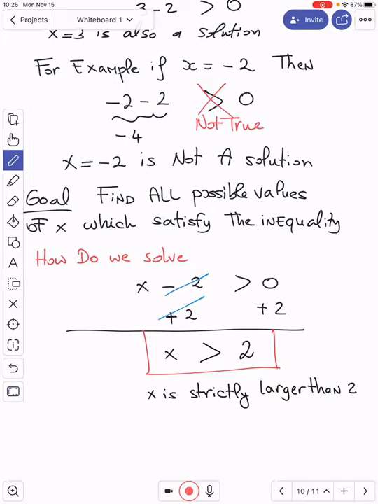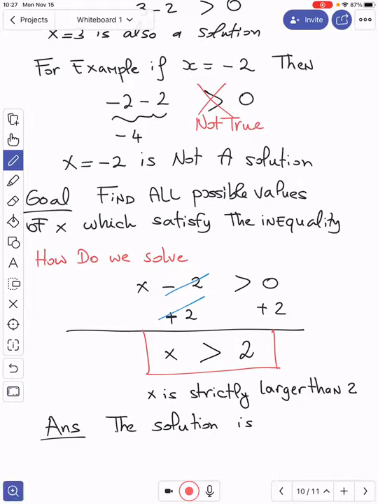So to answer this question, what are the solutions of this inequality? For the answer, guys, we need to use interval notation, because you don't have only one solution; you have a lot of solutions. The solutions are given by any value of x which is larger than 2.